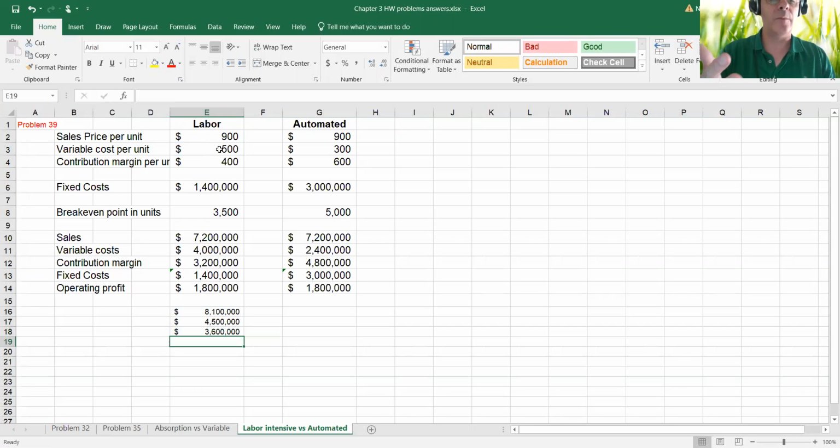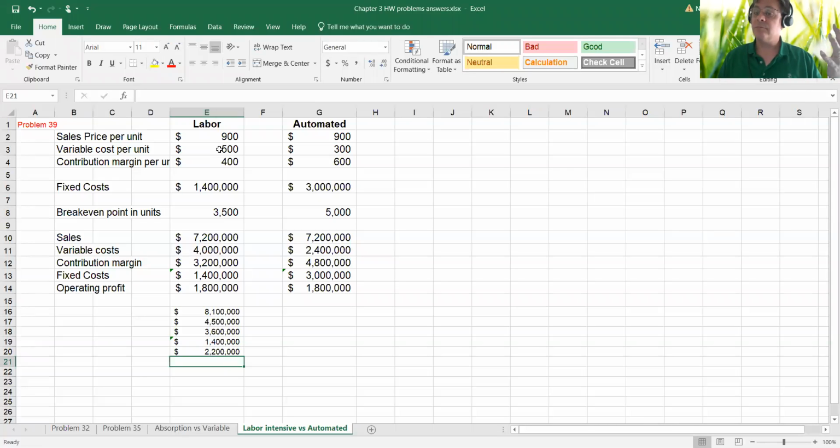It's up from the contribution margin at 8 million, just like we thought it should. And then my fixed costs, of course, are going to stay the same. And so my operating profit is going to be 2.2 million.